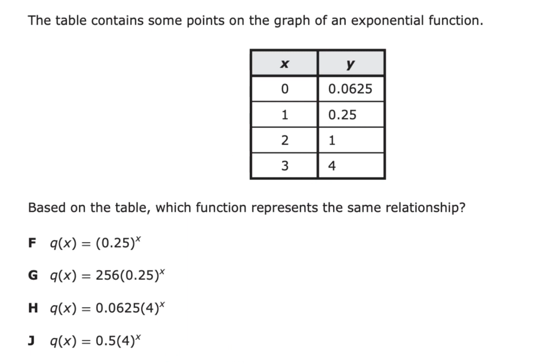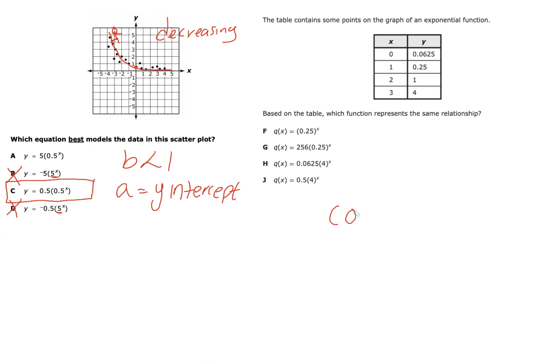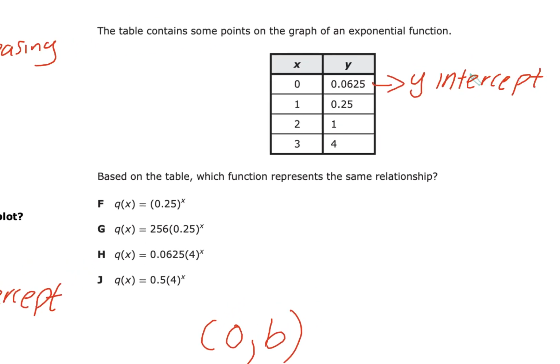And remember, when it's a table, your y-intercept is (0, b). x is 0 and you have a value for y. Right here is your y-intercept, which means this value right here is your A. Therefore, your answer is H. We don't even need to find the factor.